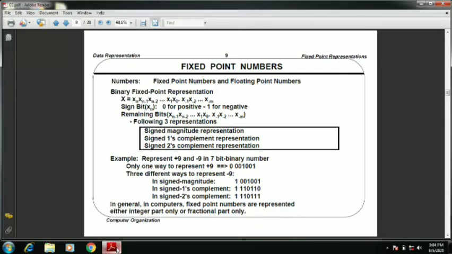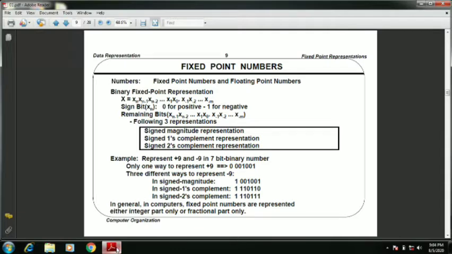Basically a sign bit represents 2 values. One is 0, another one is 1. So 0 means it is a positive sign in binary, and 1 means it is a negative sign. So you remember that in digital, the sign bit is 0 for positive, 1 for negative.